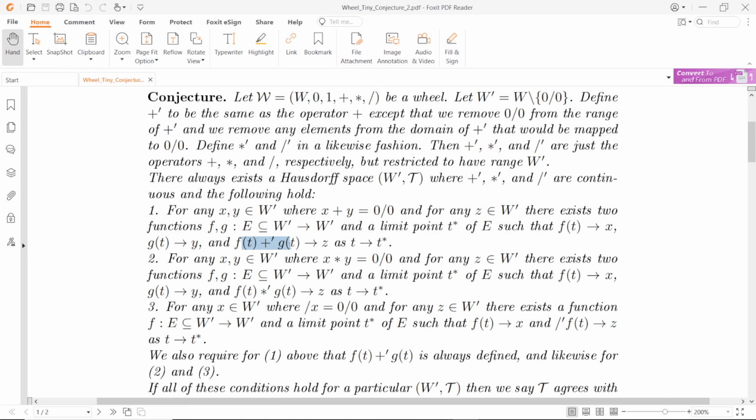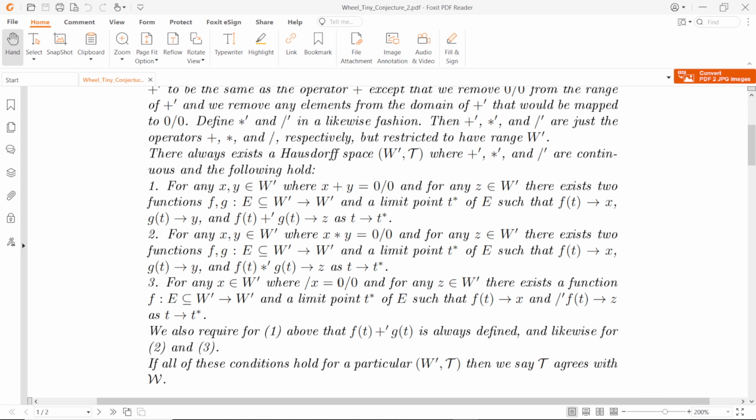I can find an f and g to make it happen. So, in other words, when x plus y equals omnity, I can construe a situation with two functions that go to x and go to y, but the sum goes to anything that I want it to go to.